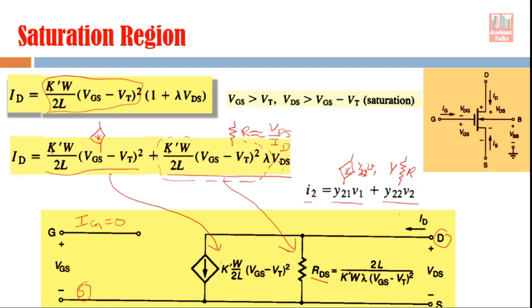Here it is multiplied by VDS, so on the other side it will be in the denominator, and ID will come in the denominator, VDS by ID. So what you get is RDS, the whole thing inverted, 2L by K prime W lambda (VGS minus VT) squared.